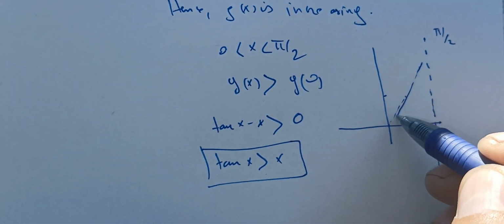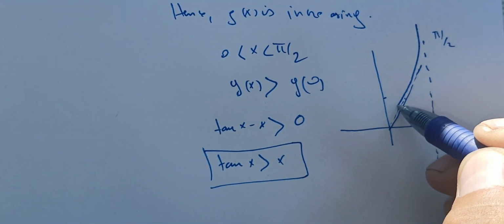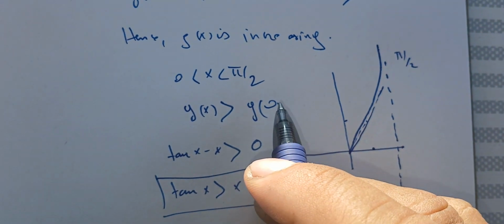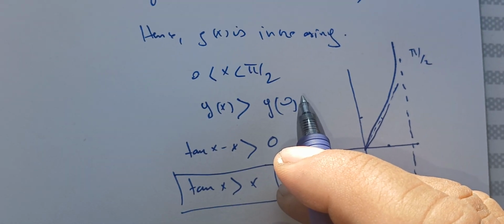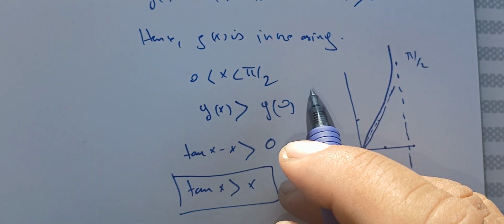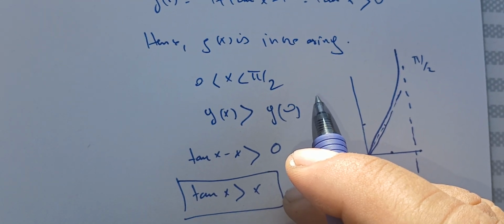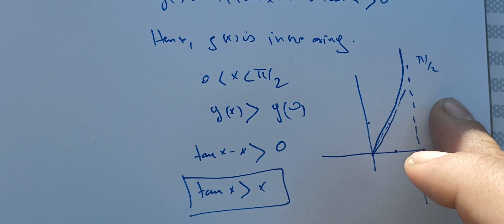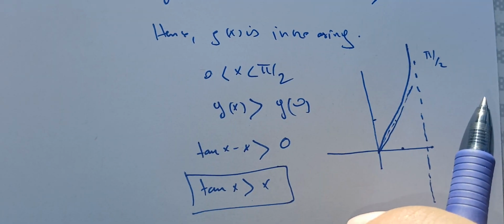And the tangent is something like this. We see that the tangent is above x, and therefore the difference is bigger than 0. The only case where we have a problem is pi over 2, which is not included, and when we are at 0, we have 0.